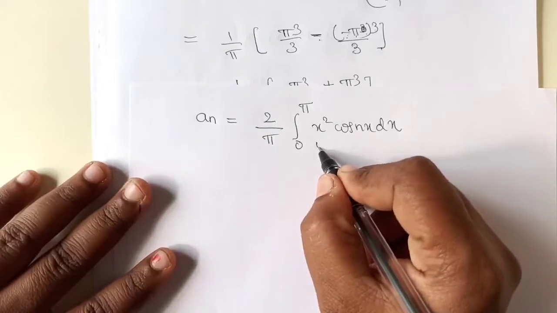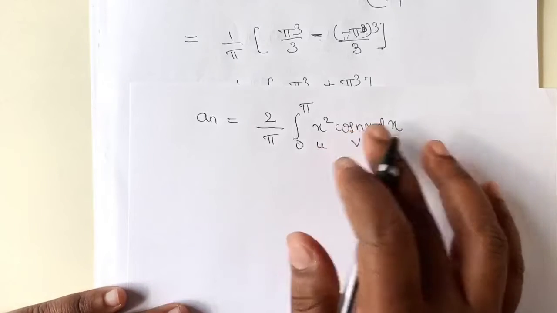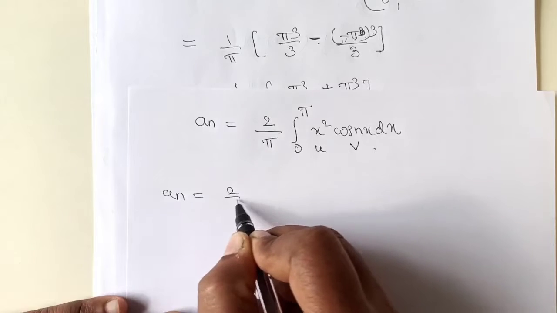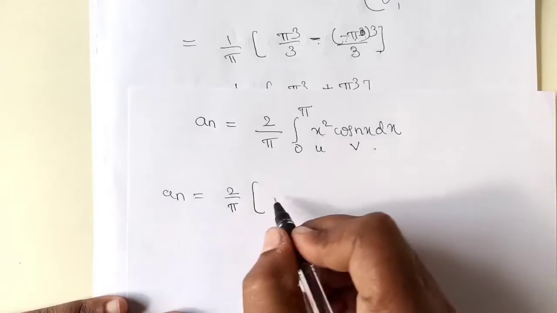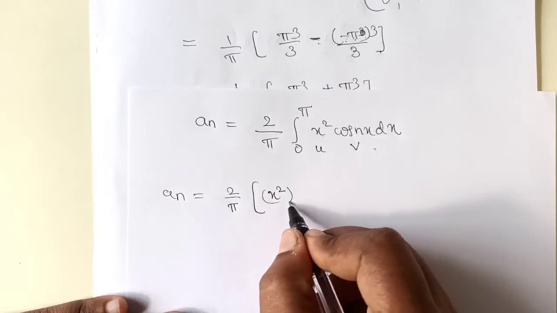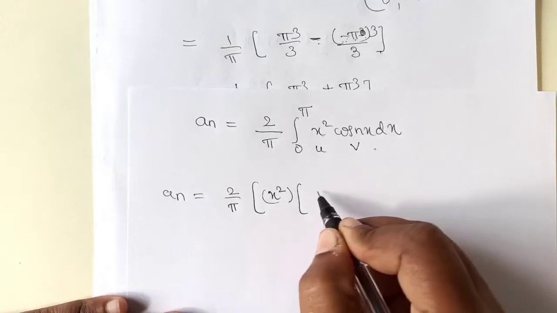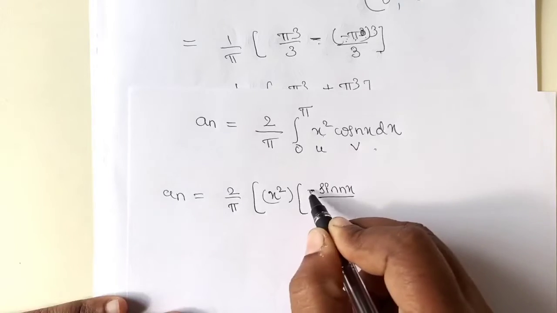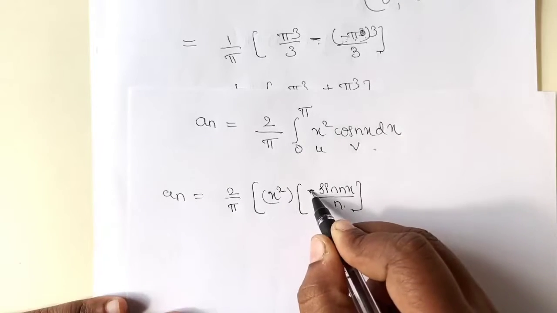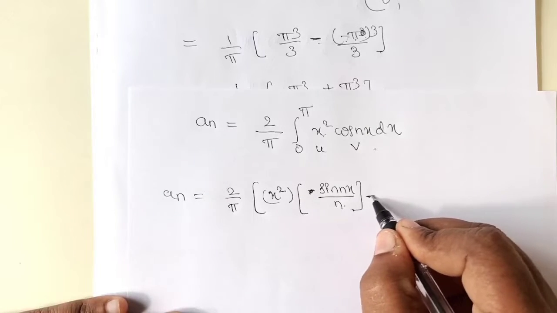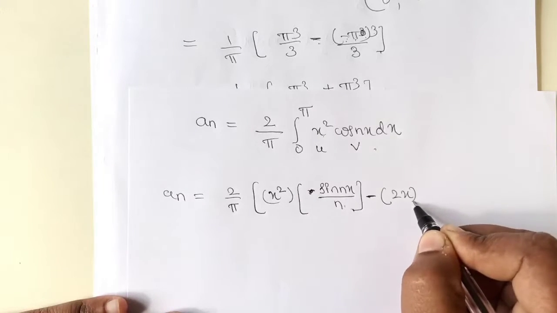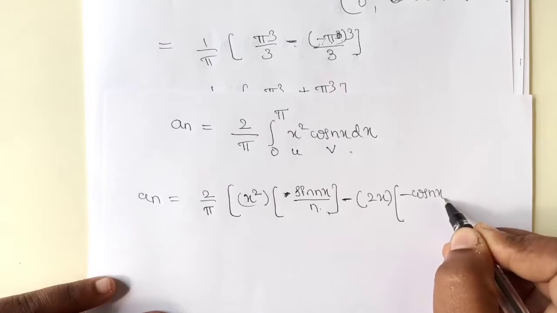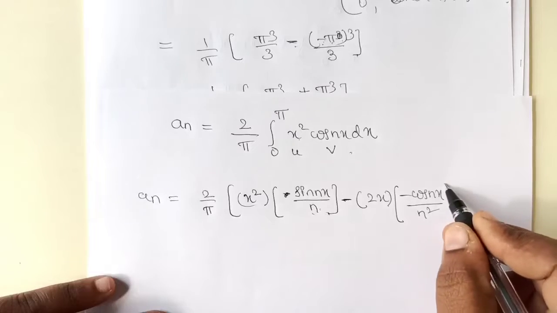Now again we use Bernoulli's formula. On using Bernoulli's formula we get an equals 2 by pi, x square as it is, integration of cos nx is sin nx divided by n, minus x square differentiation 2x, sin nx integration is minus cos nx divided by n square.